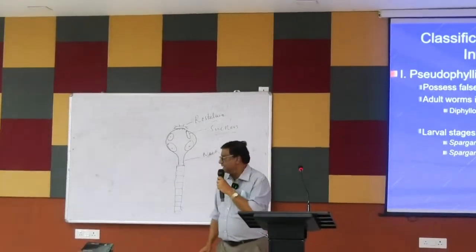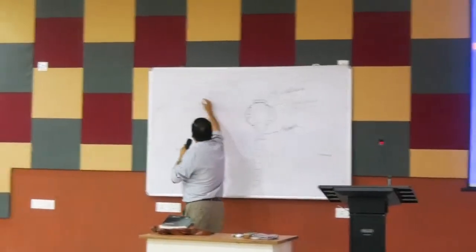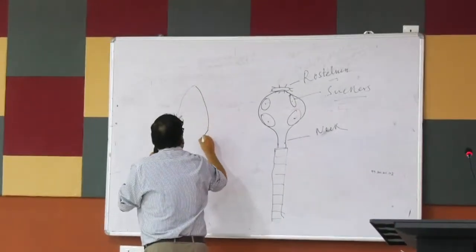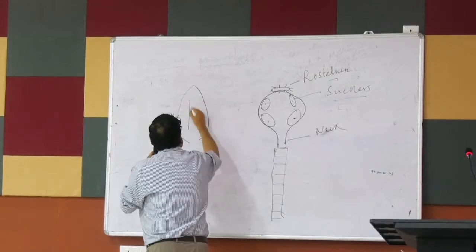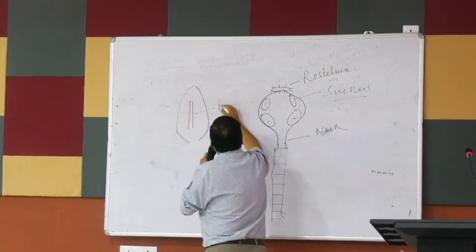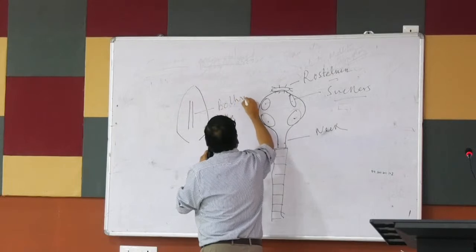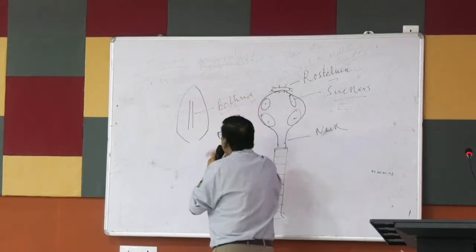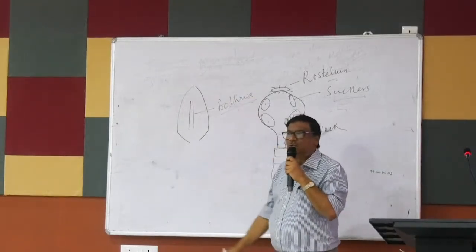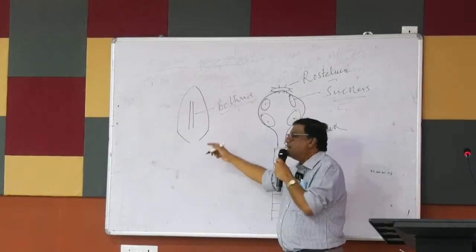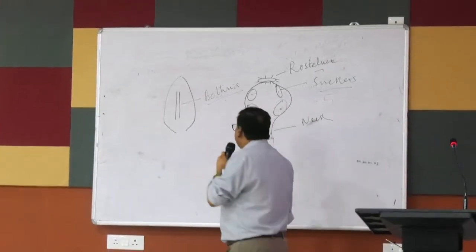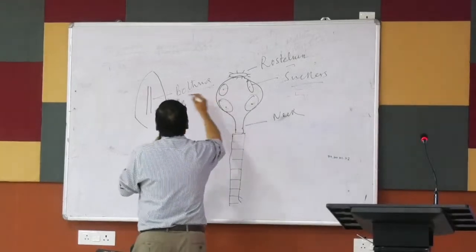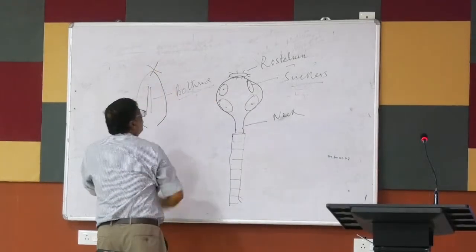The attachment is different. This head portion is slit and it is called bothria. The scolex is different. The 2 slits are there. These are called bothria. And there is no rostellum.